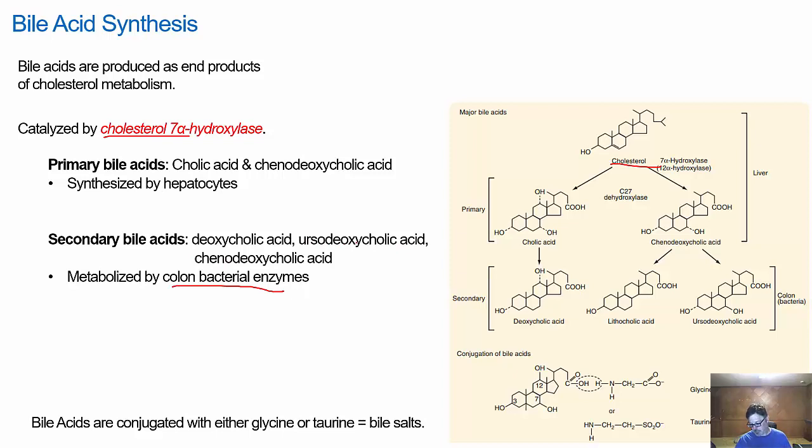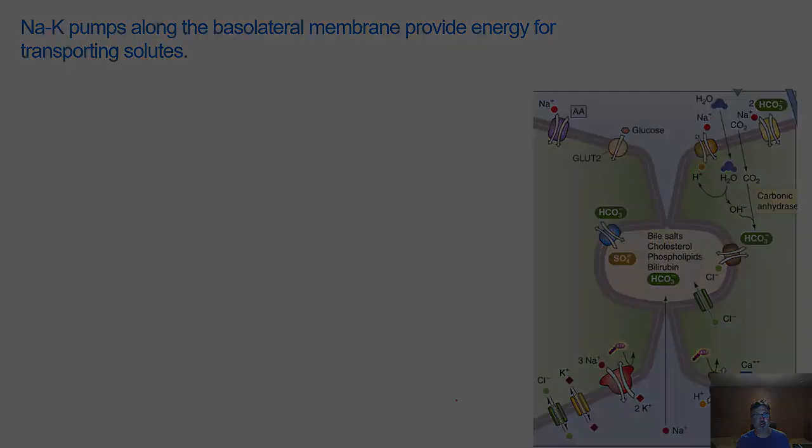So going from the primary to the secondary in the colon. Now, do remember that each of these bile acids can then be conjugated with either glycine or taurine to become a bile salt. Bile acids, if you guys recall, are water insoluble, whereas the bile salts are water soluble. So now they can actually be dissolved in the water.